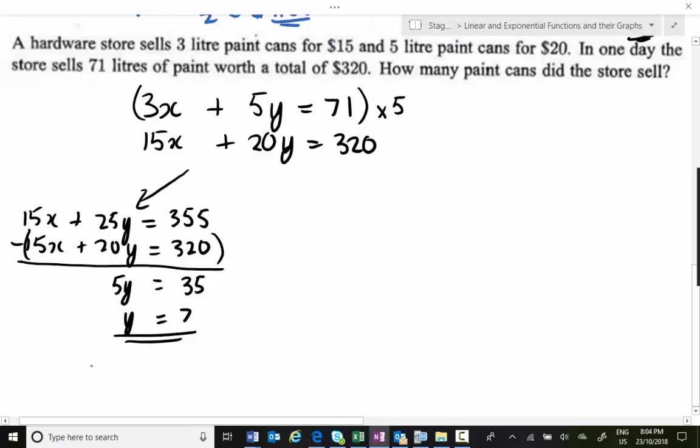Now, to work out what my other value is, 3x plus 5 times 7 is equal to 71. So 3x is equal to 71. Now 5 times 7 is 35. Because we're doing plus 35, we have to take 35.